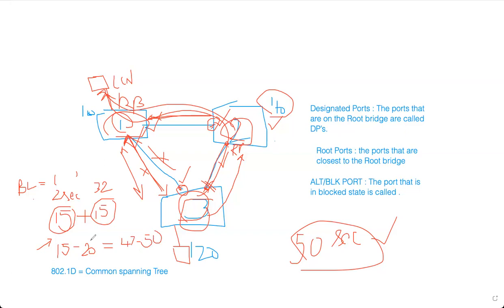So how can we improve this, right? We can reduce the time on listening and learning. When the switch is learning BPDUs from the other neighbor, why should it wait 15 seconds to listen and learn? It can immediately improve the time to not wait for 15 seconds to make sure it listens and settles down.